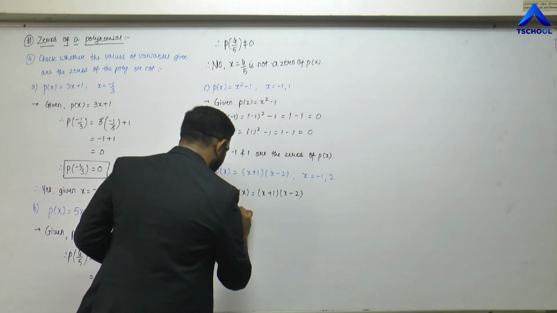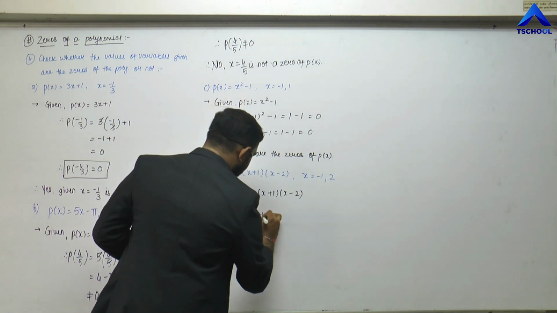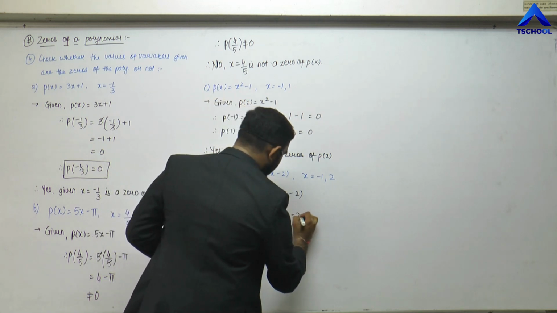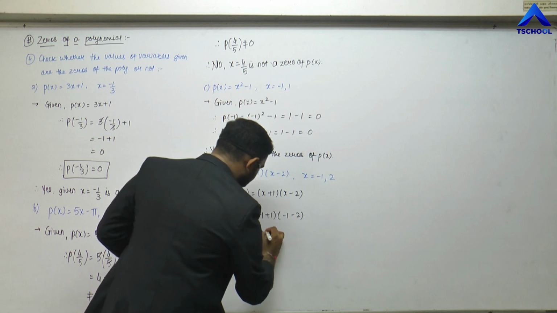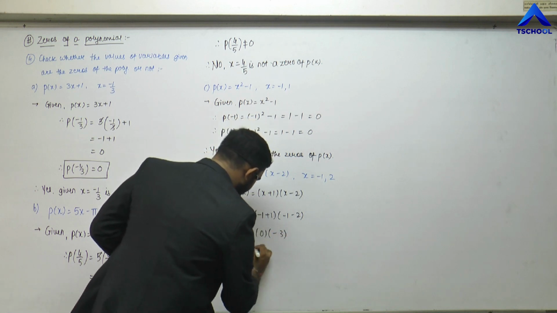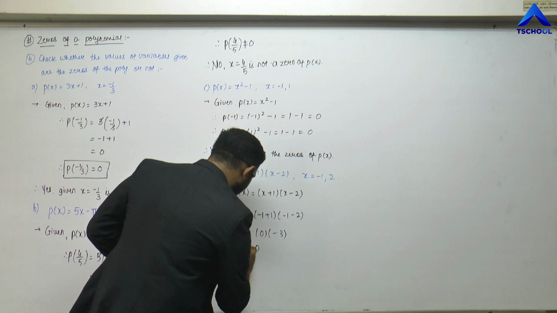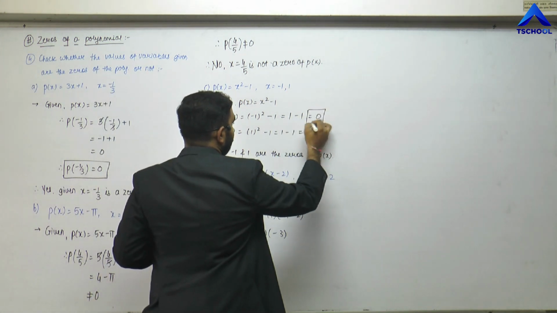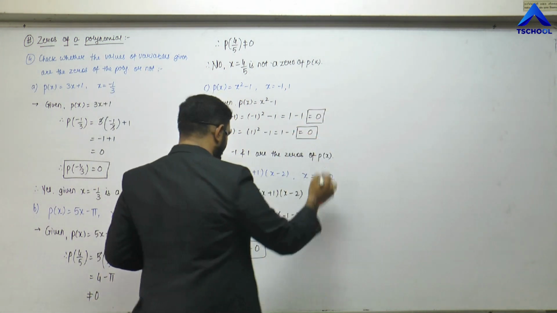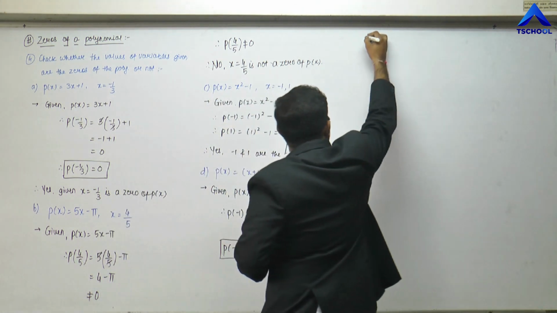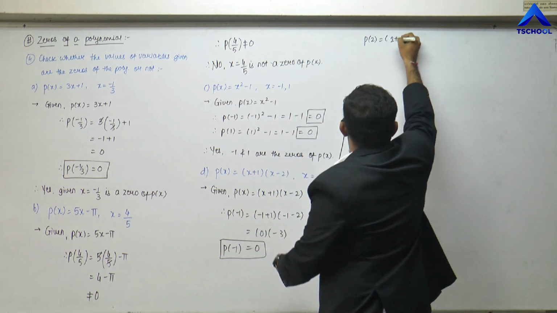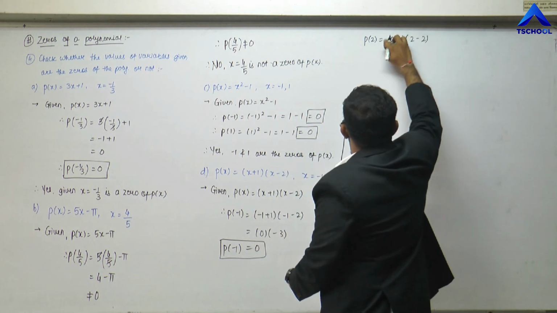Therefore, first of all, we shall find out p of minus 1, that is minus 1 plus 1 into minus 1 minus 2. What is minus 1 plus 1? 0 into minus 3. What is this equal to? 0. So we got p of minus 1 as 0 here, right? Here also we got 0 in both the cases. And p of 2, that is, let us put it here, 2 plus 1 into 2 minus 2.